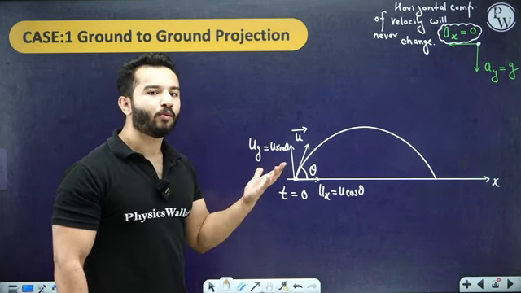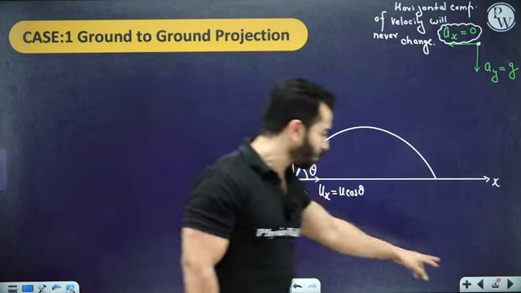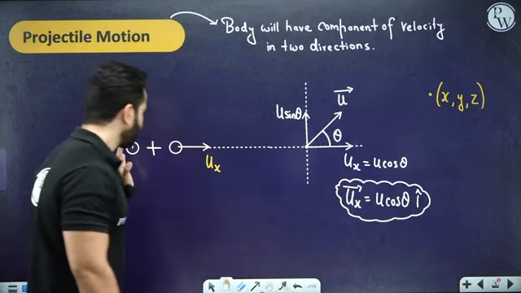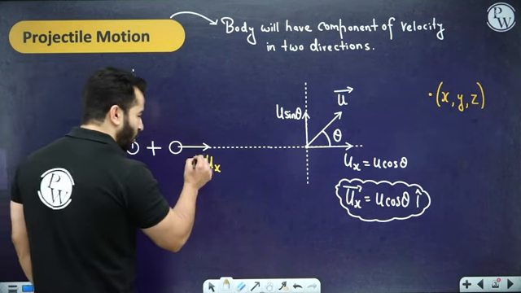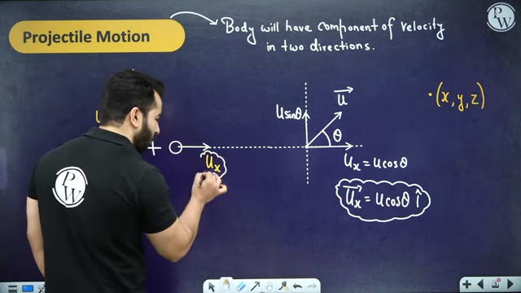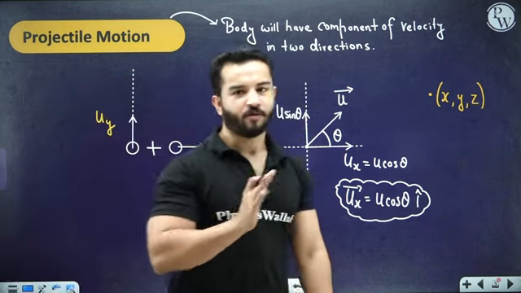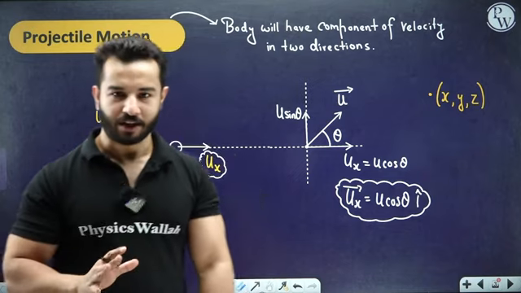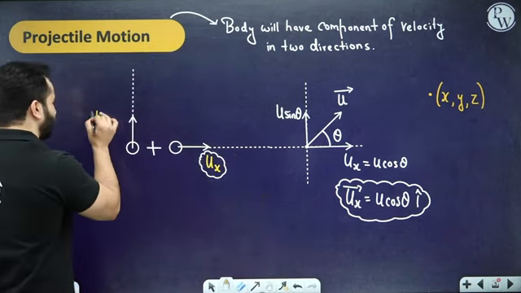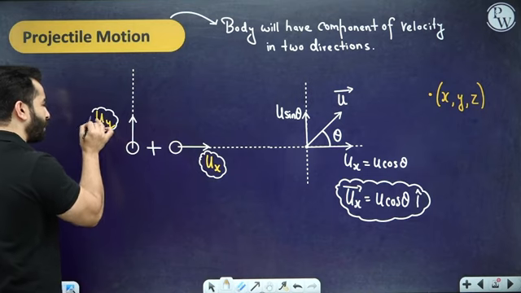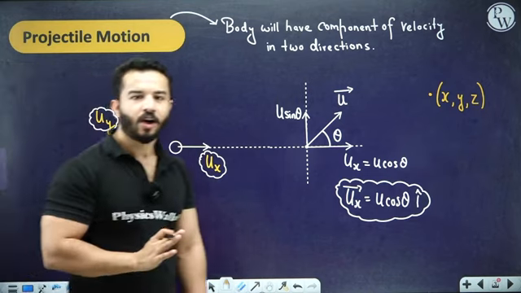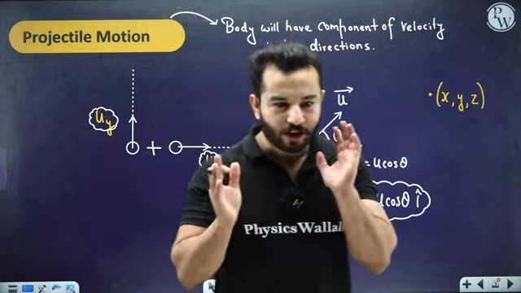Now I really want you to relate this diagram with whatever we have done till here. This velocity is responsible for moving the particle in the x direction, and this velocity is responsible for moving the particle along the y direction. So let's not create confusion.